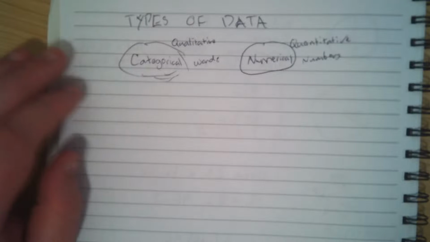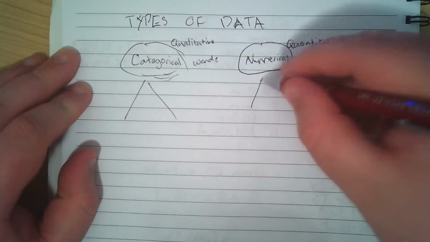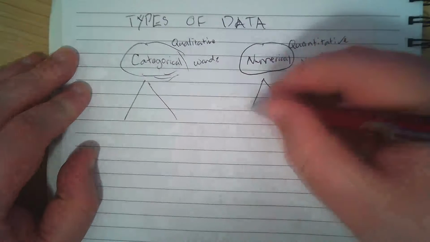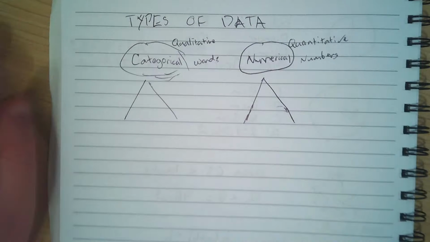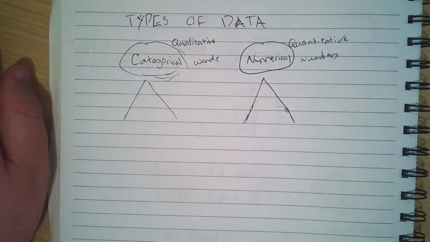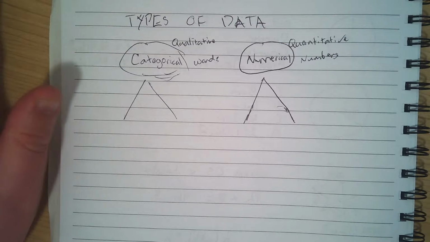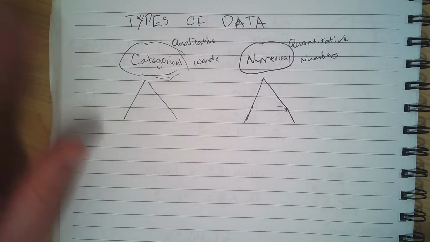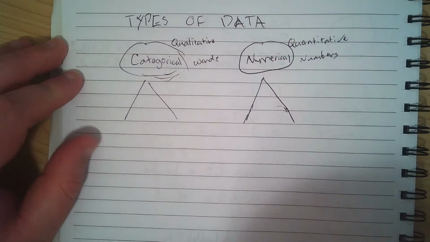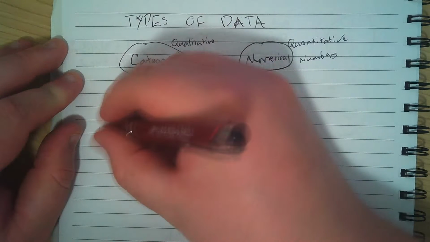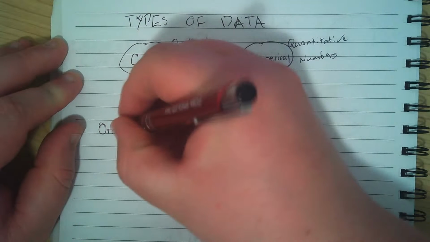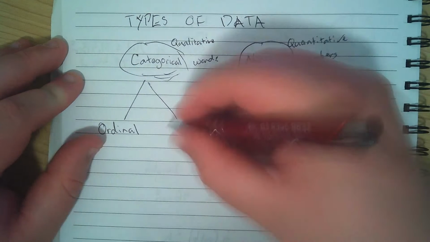Now each of these two categories break down into two further categories from here. Right. So depending on which way the data is collected, they can be two different types, I guess, is the way to think of it. Now, the two different categorical types are ordinal and nominal.